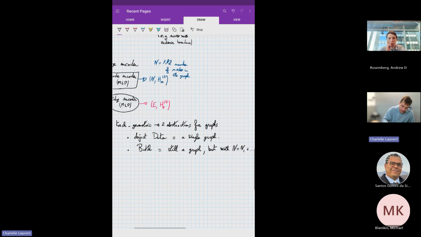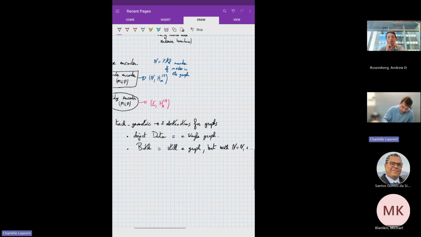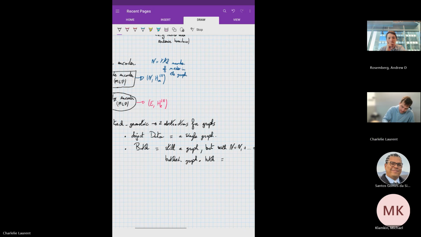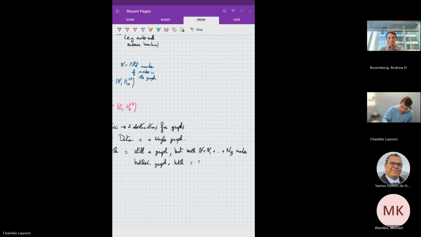So the batched graph has an attribute dot batch. Charlie? Yeah, that's a good question.